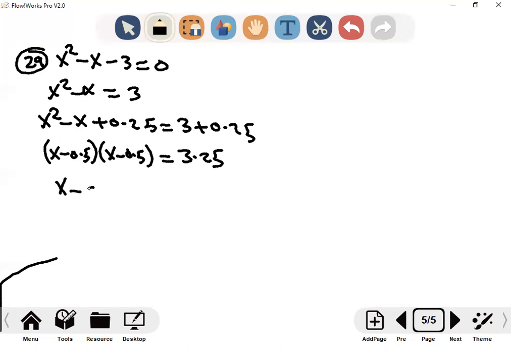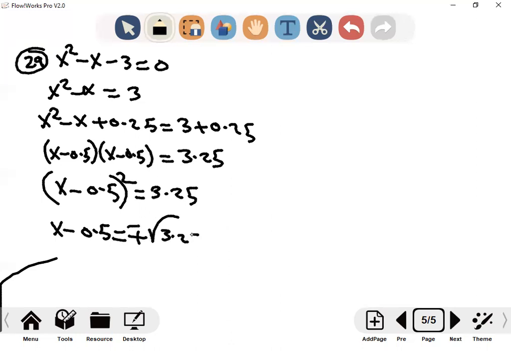Now x minus half power 2 equal 3.25, which means x minus half equal plus minus square root of 3.25. How much is this? 1.80. Round it. Equal plus minus 1.8.